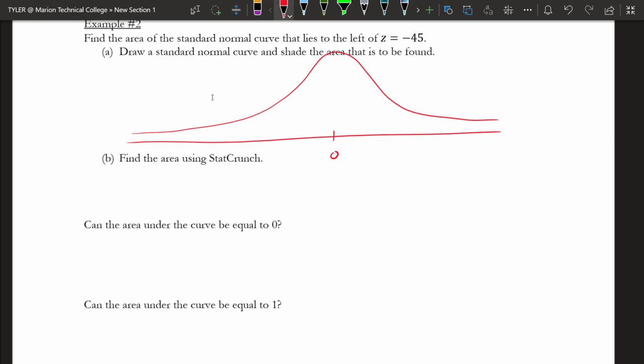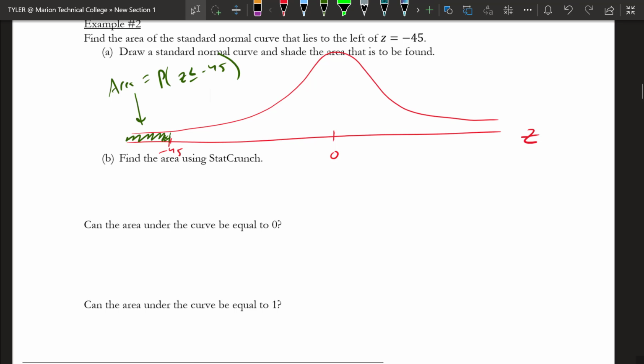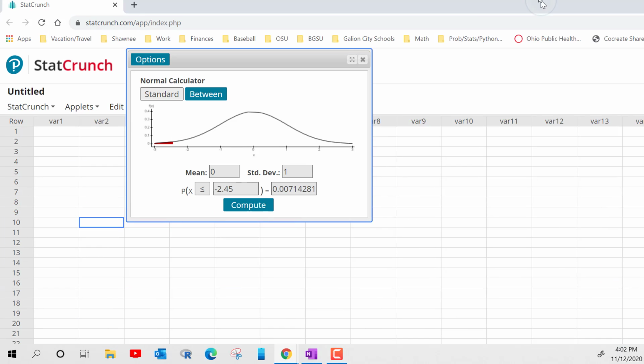So I'm listing the mean here at 0, this is my z-axis. So z of negative 45 would be way over here, and we're finding this area, right? That area is equal to the probability that z is less than or equal to negative 45. So first thing we want to do is find the area using StatCrunch.